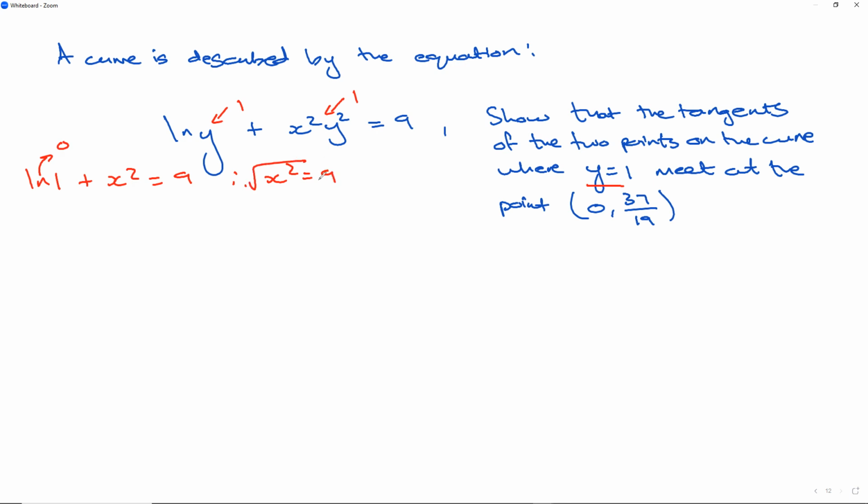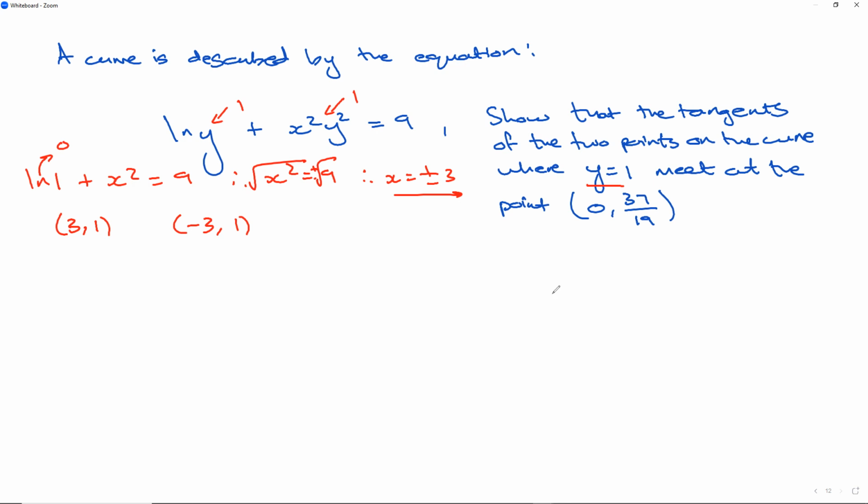And when I square root both sides, I will get x equals plus minus 3. Now that I have the x values, I've got two values: 3 and 1, and -3 and 1. And those are the 2 points.